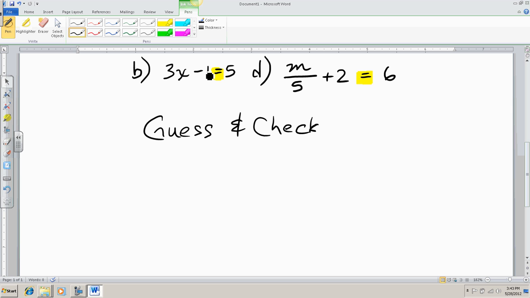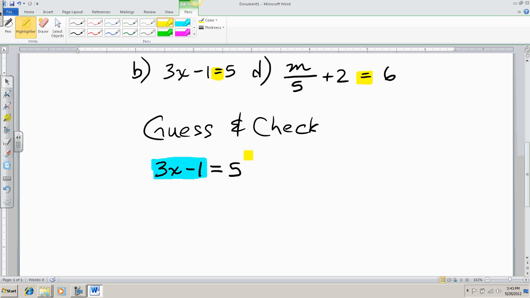So look at these 2 that are equations. If they're an equation and you have a variable in it, we can determine what that variable is. And we're going to use this strategy. We'll try off 3x minus 1 equals 5. So first of all, look at the left side of the equation. I'm going to highlight that in blue. This side has a variable.